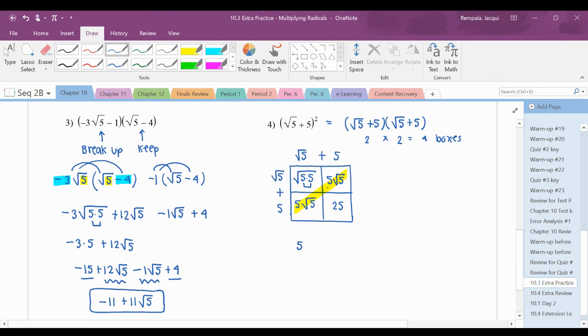So I get to add the numbers that are in front. So 5 plus 5 is 10, and I get to keep the square root of 5. The last box was the number 25. Notice we have one more thing we can combine. 5 and 25 add up to 30. Because one number has a square root and one doesn't, we're not going to be able to combine those any further. So 30 plus 10 root 5 is my answer.